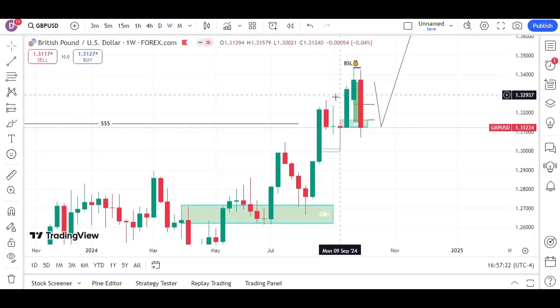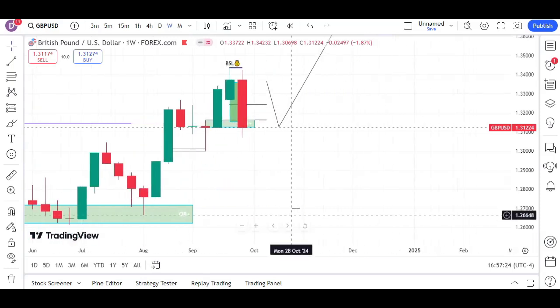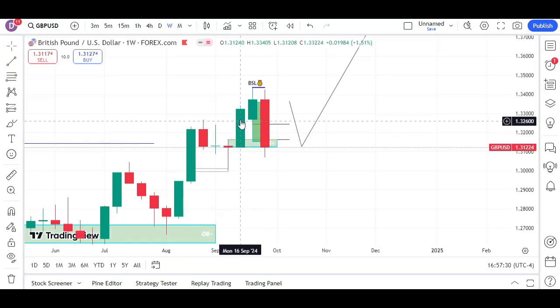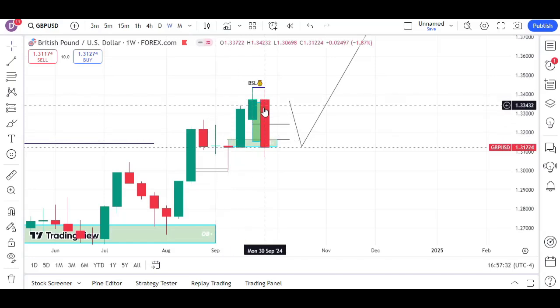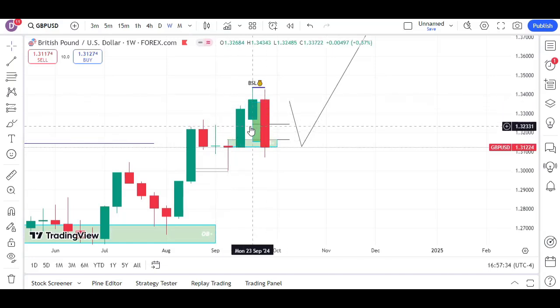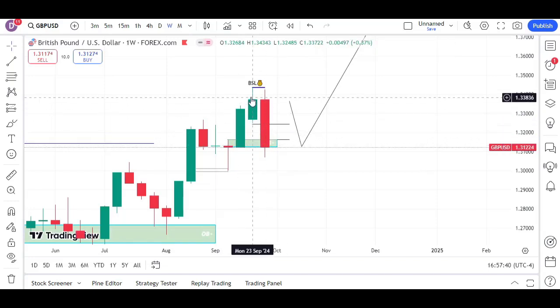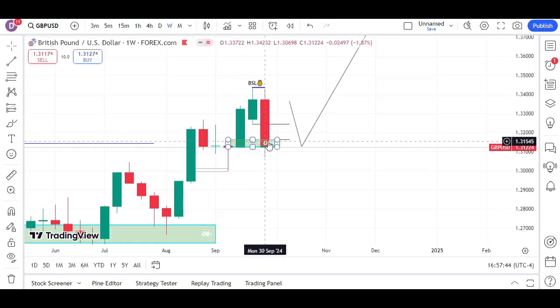We took out liquidity right here. I told you guys that I wanted to see this because we have this bullish engulfing candle. Price went up, and then I said I want to see us retrace into this fair value gap, and also this. Let me take this off quickly. So I wanted to see us retrace into this fair value gap, and then mitigate this weekly bullish order block.